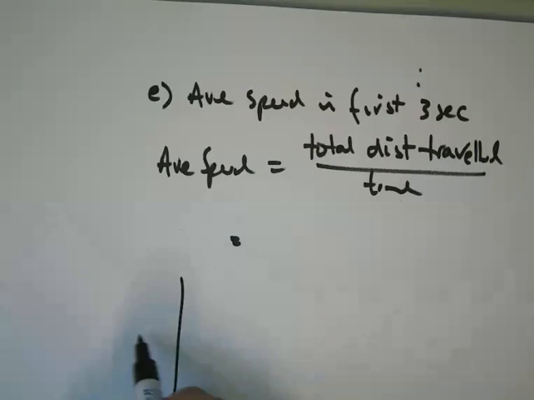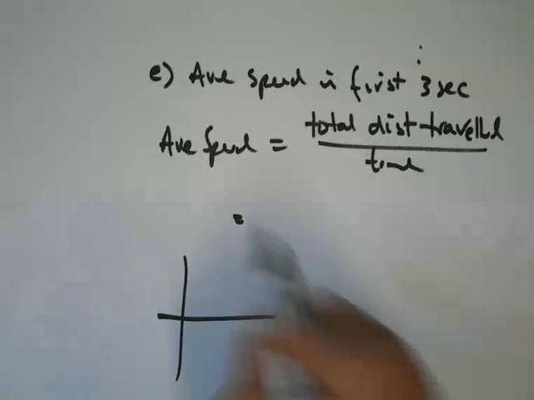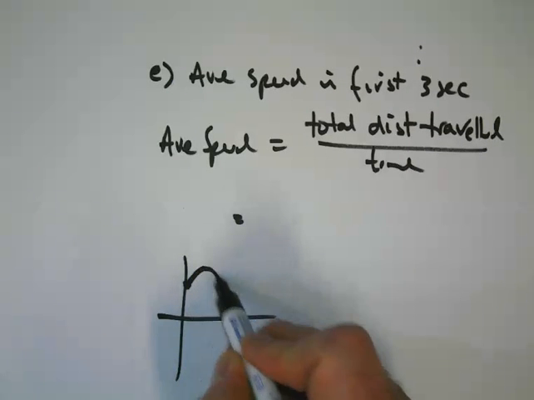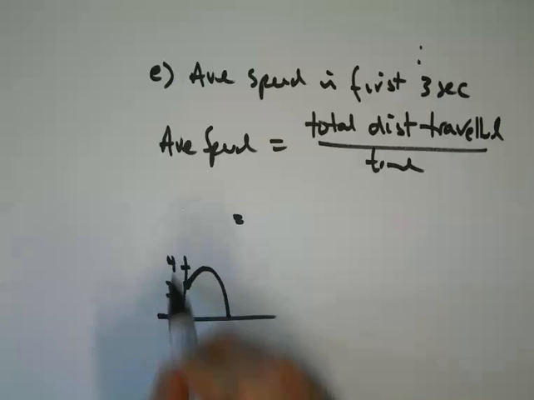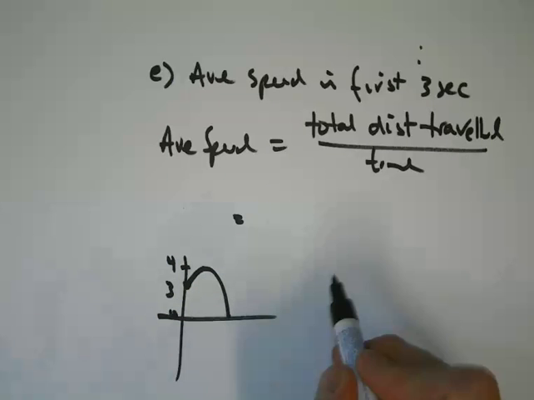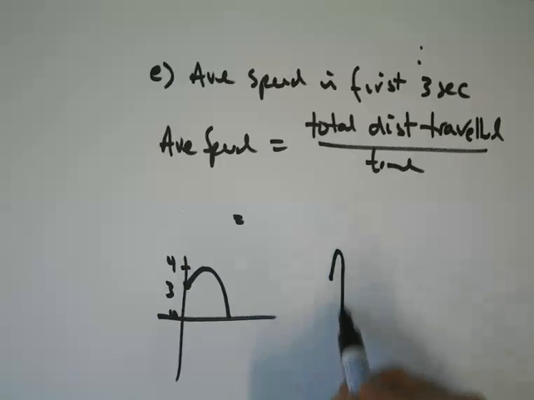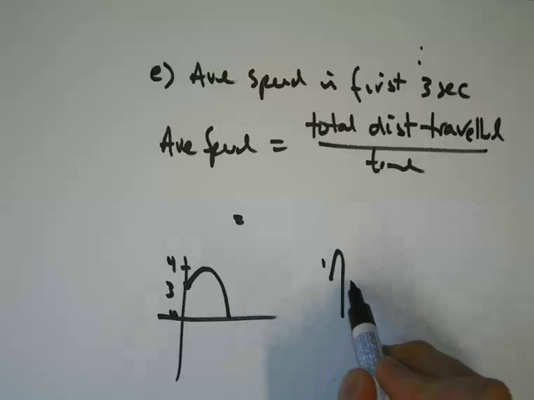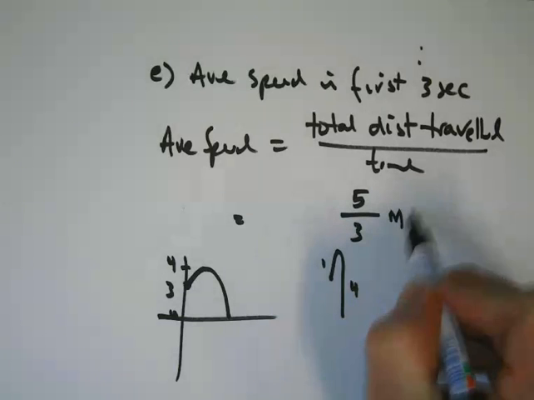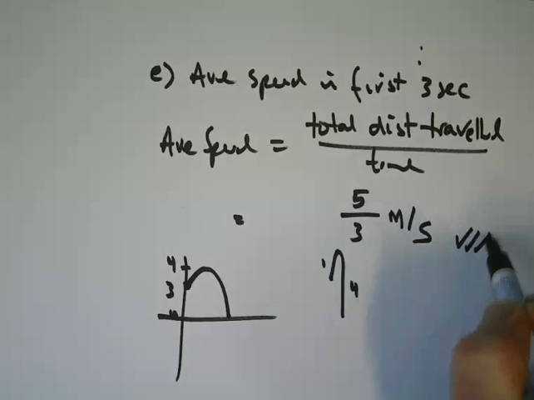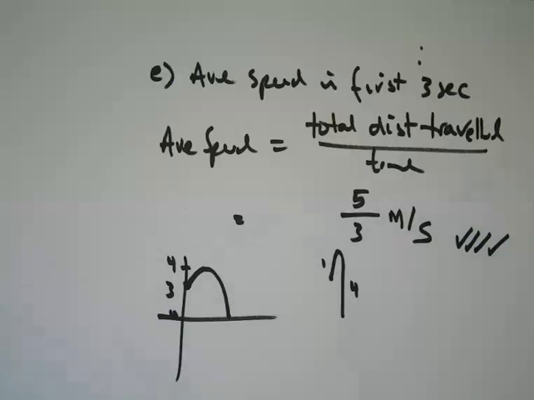I have a graph, and my graph told me that for the first 3 seconds it went from 3 up to 4, then back to 0. It went up 1 and down 4, a total distance of 5 over 3 meters per second. And that is the example that I'll do out of 14.1.